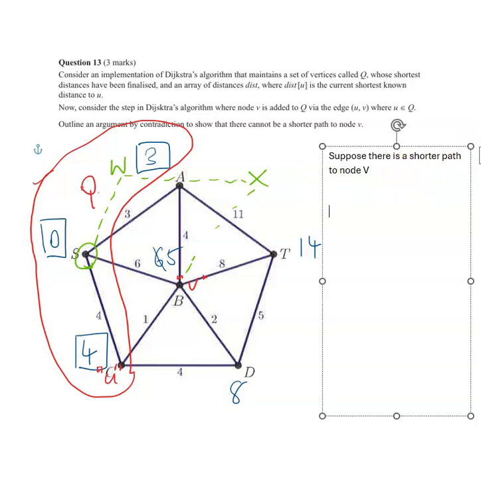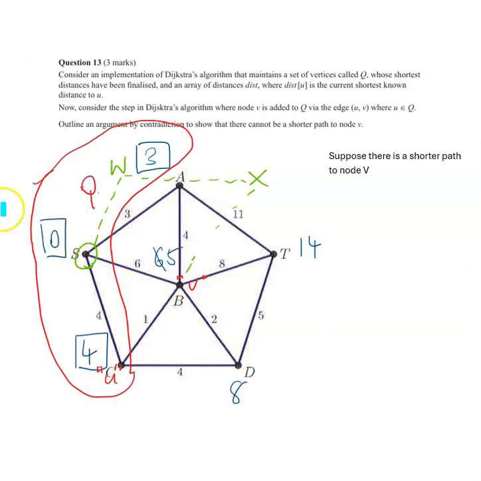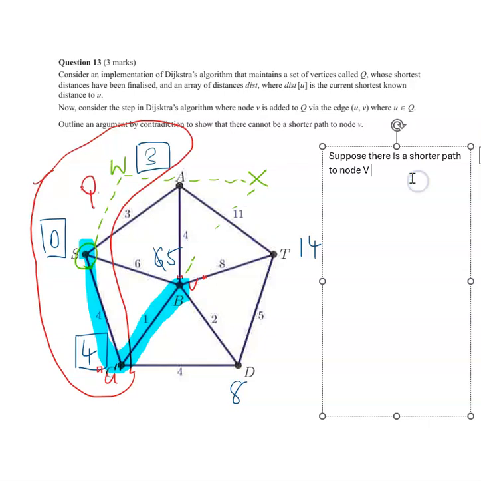So let's analyze this path. Is it possible for that green path to be shorter than, let's just highlight the path we were going to originally take, than this one? Well, we know that, so going to V via W, which is inside Q, and X, which is outside Q. Now, let's first think about how Dijkstra works.